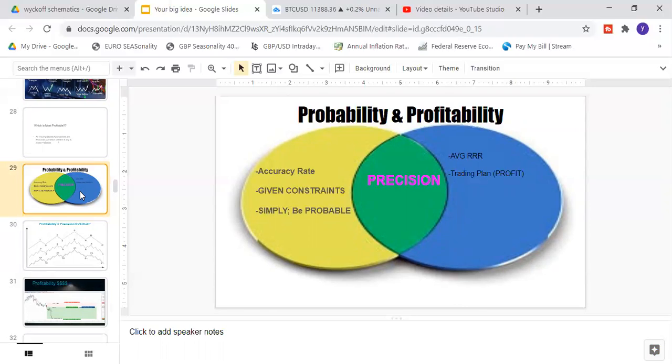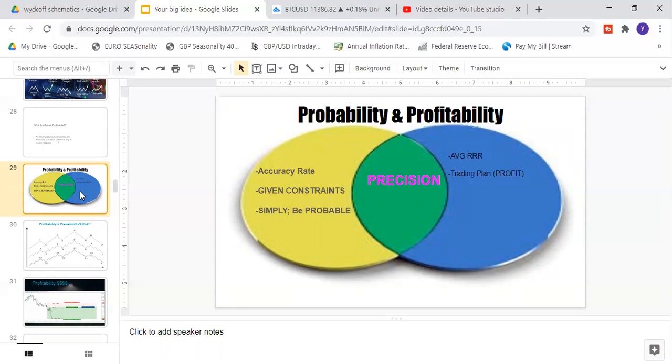Now, the overlap is in precision, right? Because precision deals with your stop loss, right? Your stop loss is your profit moderator, your pip range parameter of risk. How much can you reduce your pip range parameter of risk or stop loss per order on average, per pair, per trade, right?